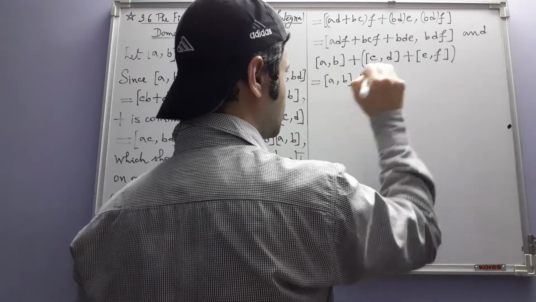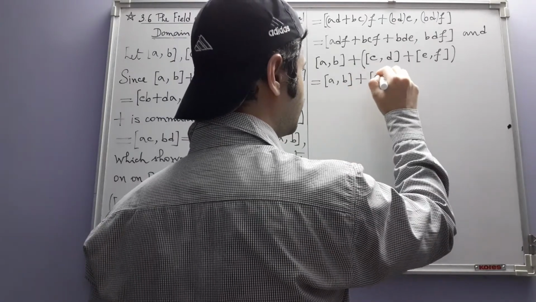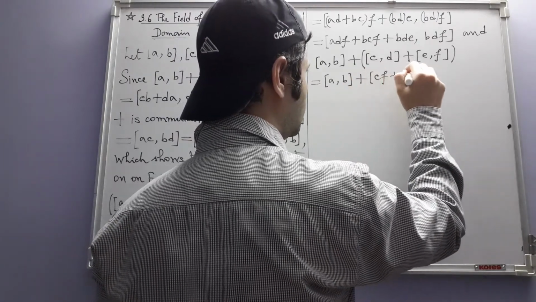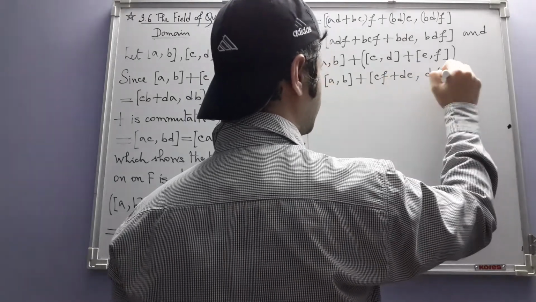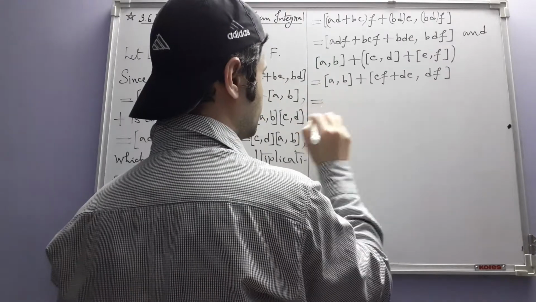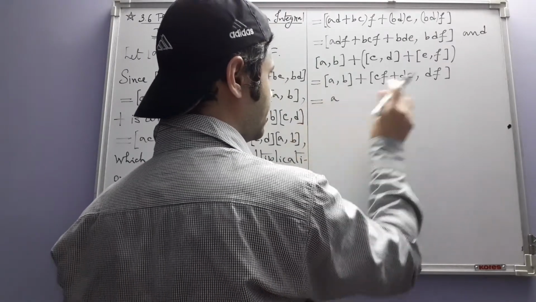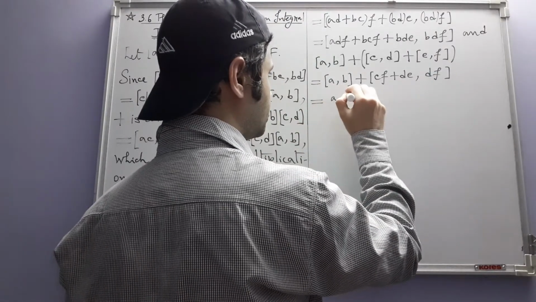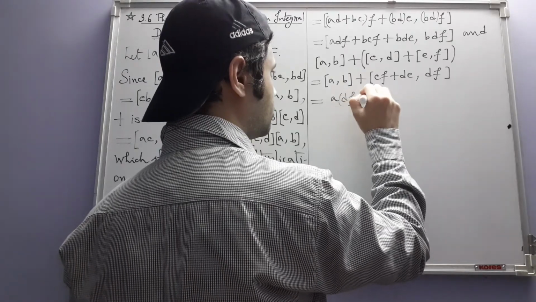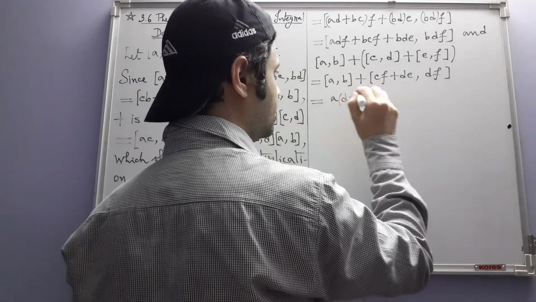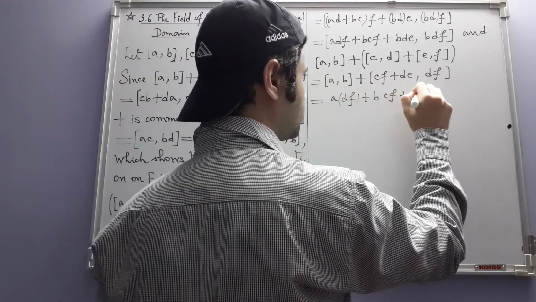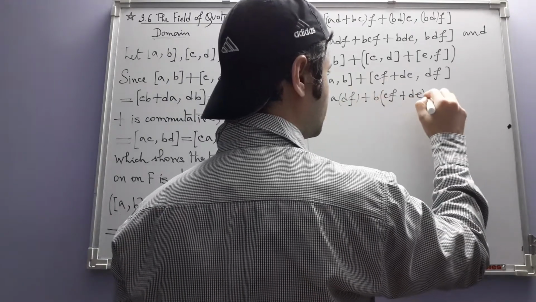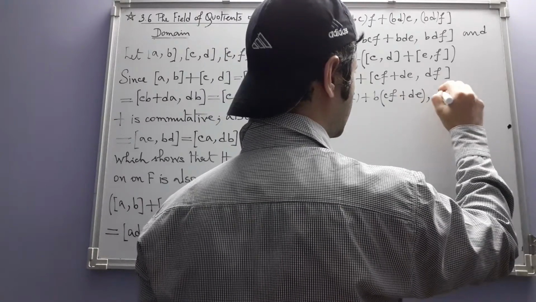So this one becomes (cf plus de, df). This is equal to (a times df plus b times (cf plus de), b times df).